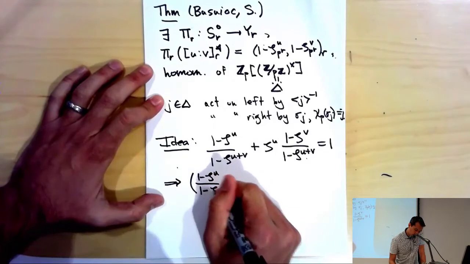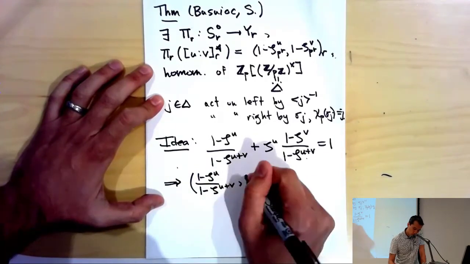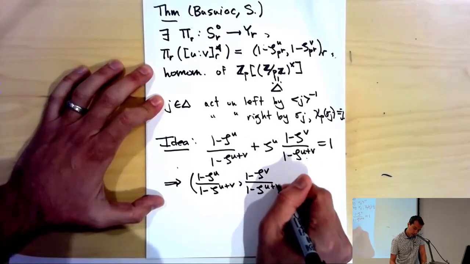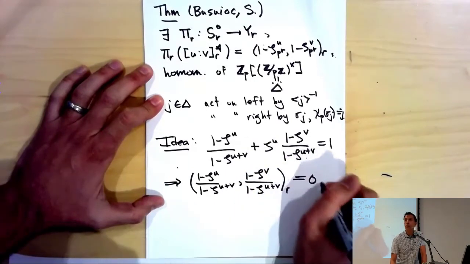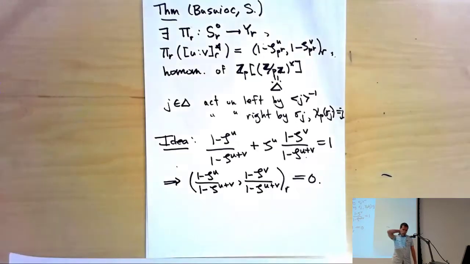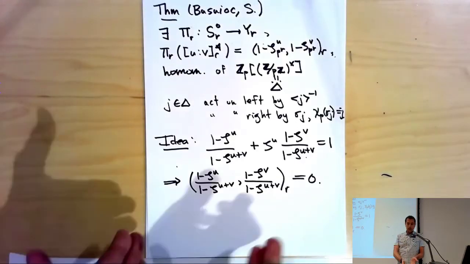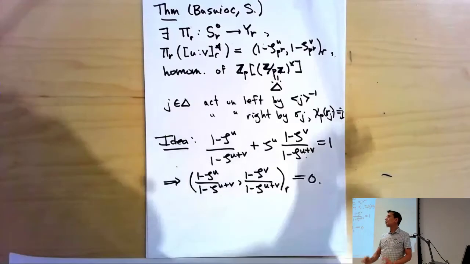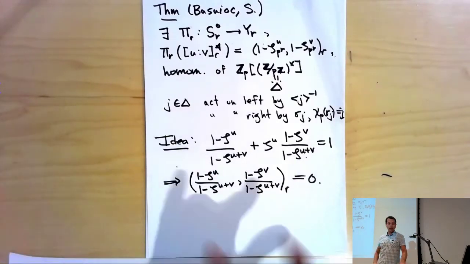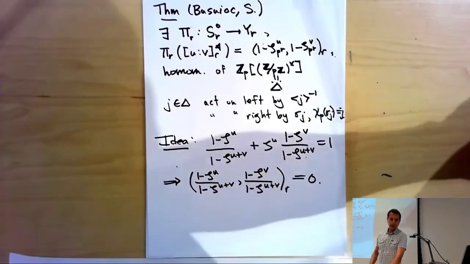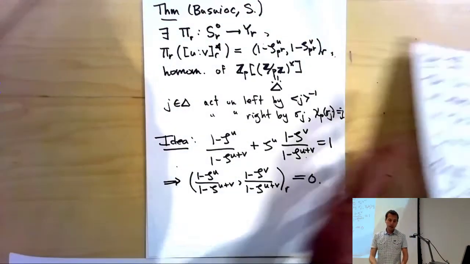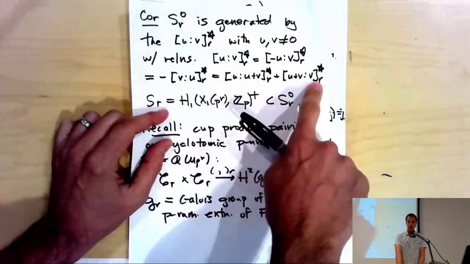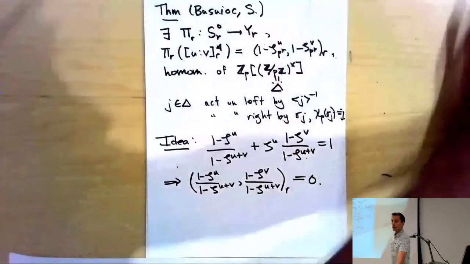So because we know x and 1 minus x pair trivially, this cup product is 0. And now this is bilinear and antisymmetric. So if you multiply this out, you get 4 terms, one of which disappears, and the 3 things you're left with look exactly like this relation, UVR equals U plus V, U plus VV.